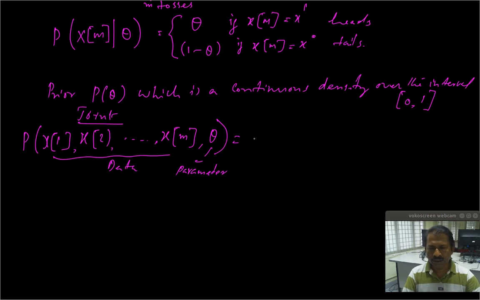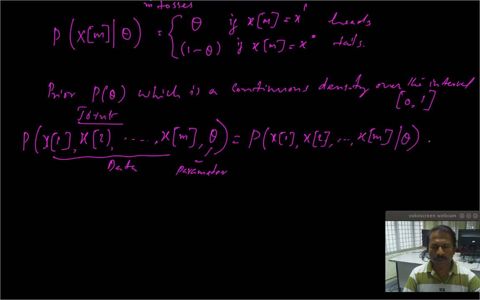So this I can write as conditional distributions over the data x1, x2, up to xm given theta, right?